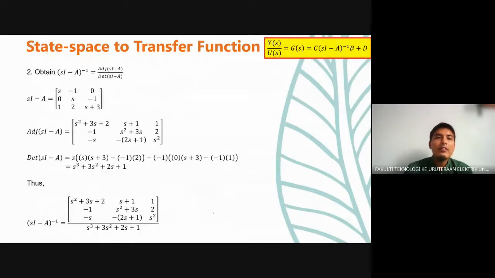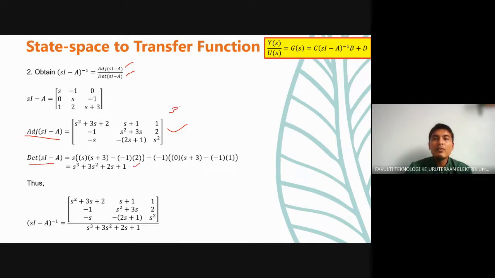After you obtain the sI minus A, the sI minus A inverse is the adjoint of sI minus A divided by the determinant of sI minus A. So firstly, you need to calculate the adjoint of sI minus A. This is the answer. And then you need to find the determinant of sI minus A, and this is the answer.